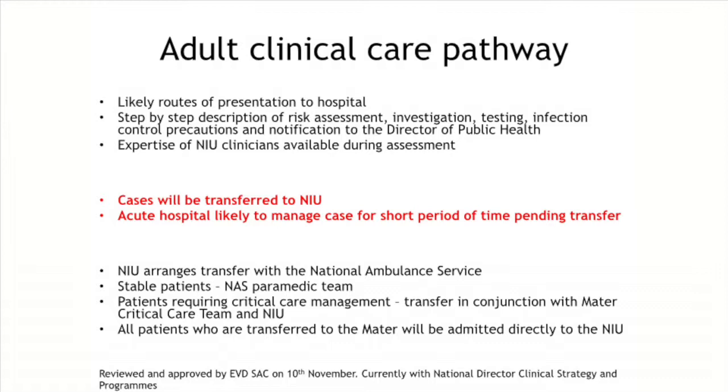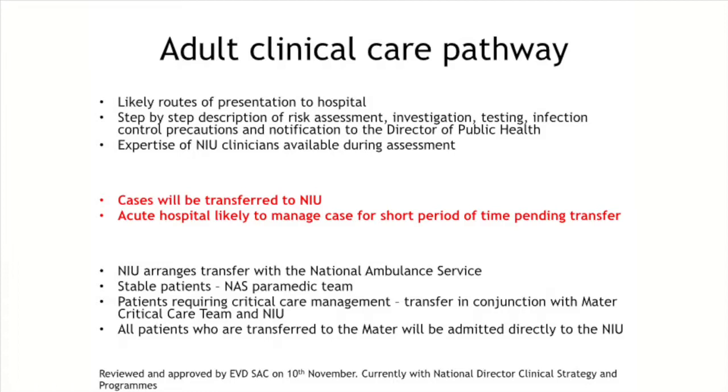It could be the GP, it could be the ambulance service, it could be public health, or it could be somebody coming cold to hospital. It gives a step-by-step description of the risk assessment, investigation, testing, infection control precautions, and notification to public health. It also emphasises the expertise and the availability of the NIU clinicians during the assessment process.